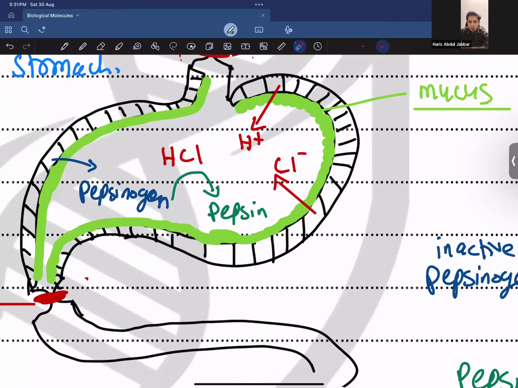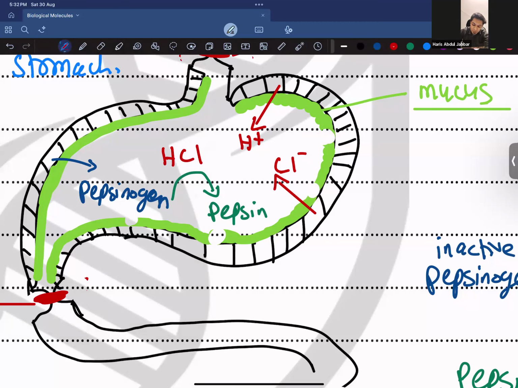many factors. It could be because of excessive smoking, excessive spices, excessive adrenaline. What happens is that at some places, some patches, mucus production stops, so less mucus is produced. Now at those places, if HCl or pepsin comes in contact, it can cause some burns, right?